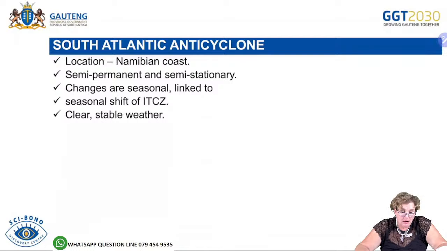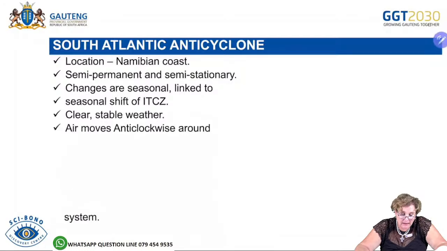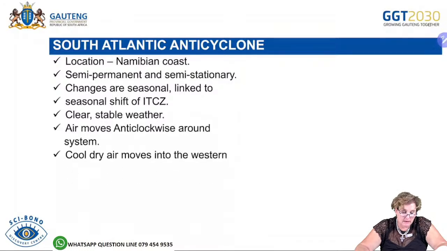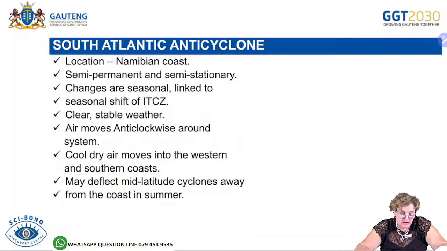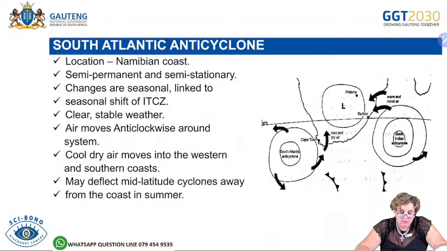This anticyclone is normally associated with clear, stable weather. Remember, it's a high-pressure cell, so air moves anti-clockwise around the system. The cool, dry air moves away from the coast in summer, as we have seen previously. So, there is my South Atlantic.